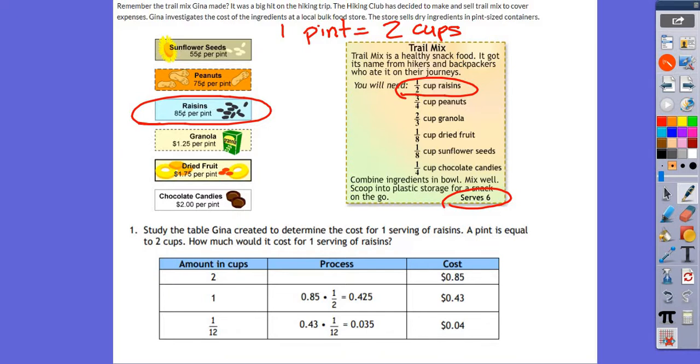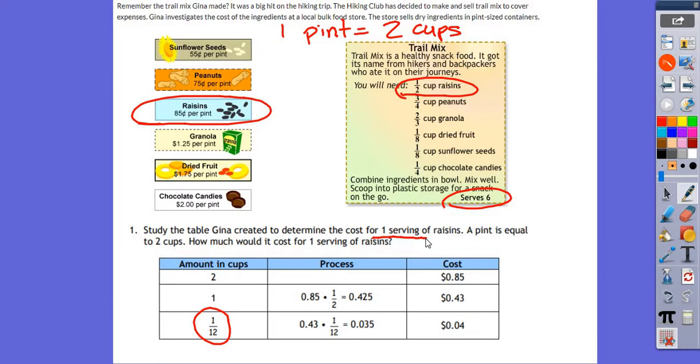Then it took me quite some time to realize where she got 1/12 from. Because it said raisins, there was half a cup. But then I realized after a while, half a cup of raisins serves how many people? 6. She wants to serve 1.